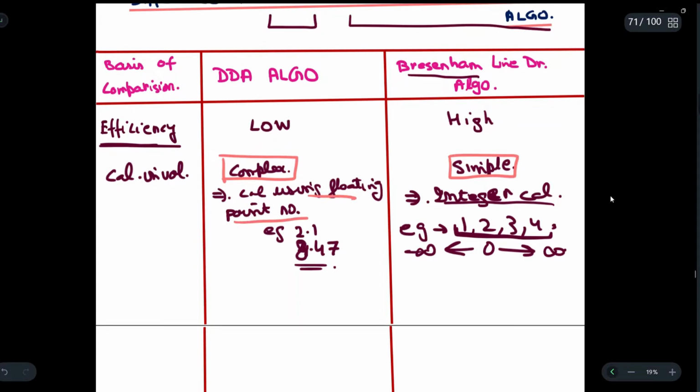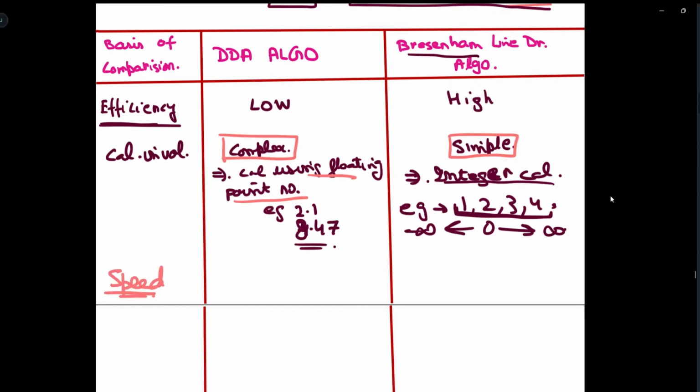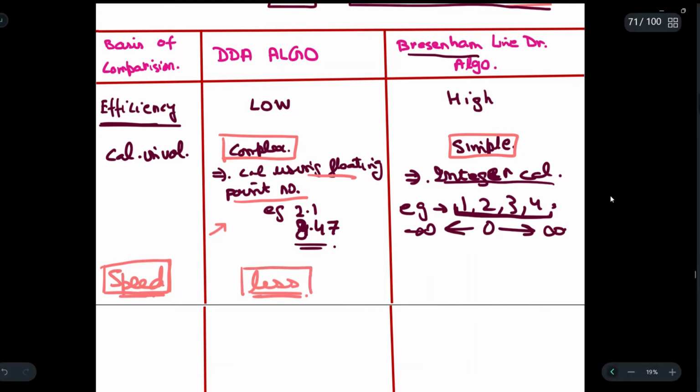So now let us come to the speed. That is, now we will be discussing the third point of comparison, and this point can be inferred from the above comparisons also. That is, the speed will be less. It will not be a very fast process, it will be a slow process. DDA algorithm will be a slow process, that is, the speed will be low.